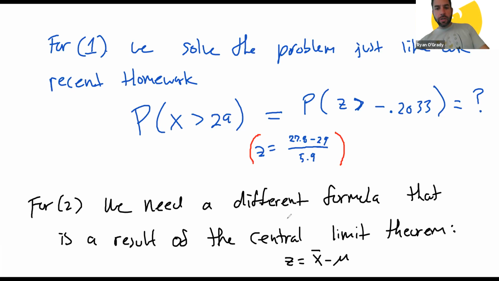So we use this creature divided by, not sigma, it's very close, but it's not, sigma over the square root of n, which is our sample size. So this is a scary, scary formula. Lots of fractions here. Yes, square root of n.